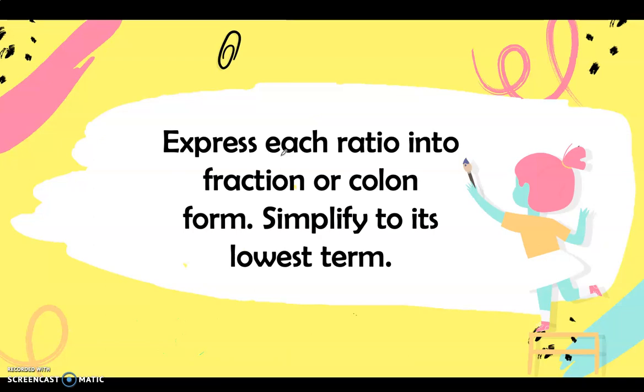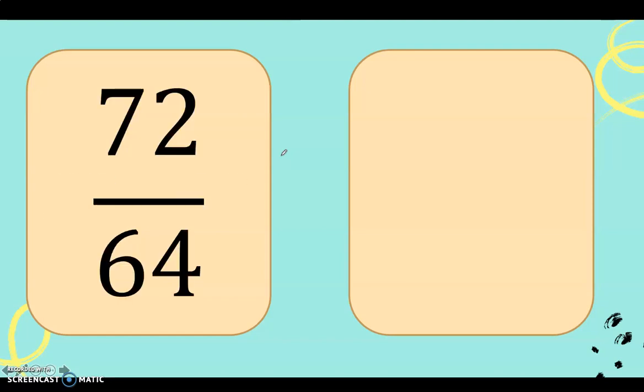Let's express each ratio into a fraction or colon form. Simplify to its lowest. We have 72 over 64. So this is in fraction form. We're going to change it into colon form, but of course we need to get the lowest term. For the lowest term, we just use the continuous division method. We have 72 and then 64.